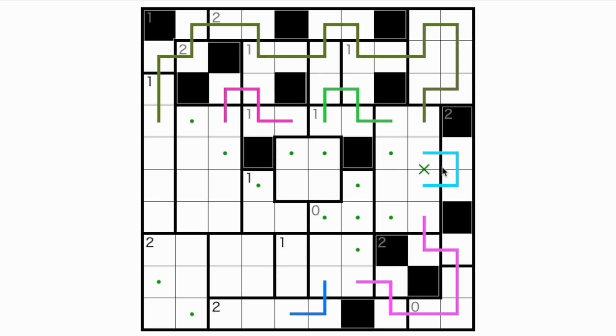So in this 2x2, we have 1, 2, 3 places where the loop is entering that 2x2, and 3 is odd, so we need at least 1 more, and there is only 1 more possibility, which is straight through there. So that is forced.